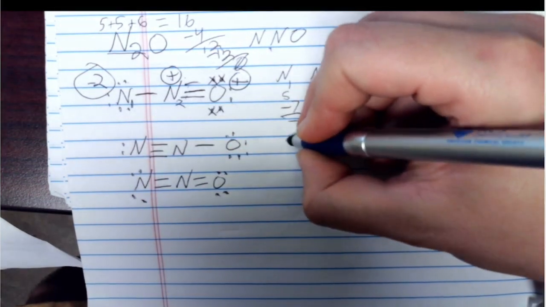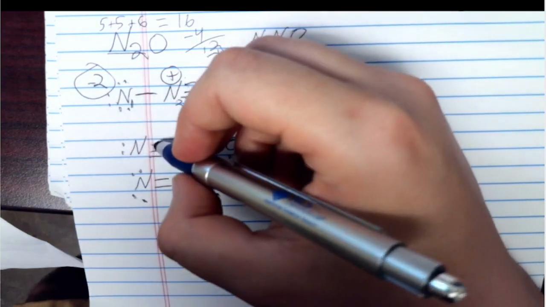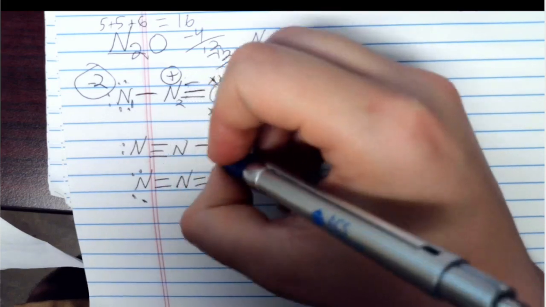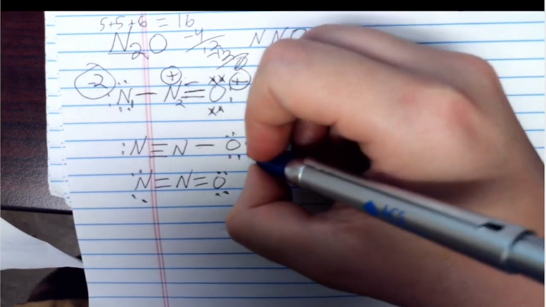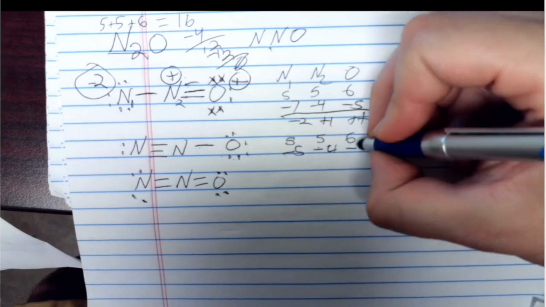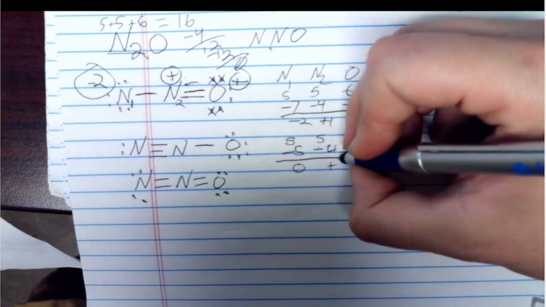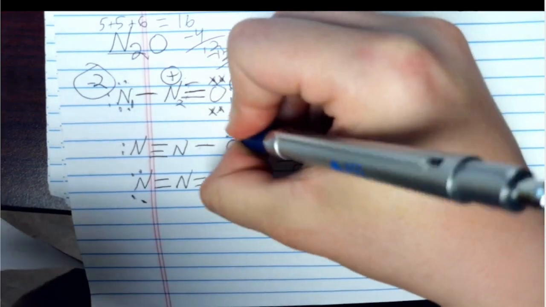Let's try this again. 5, 5, 6. 1, 2, 3, 4, 5. 1, 2, 3, 4. 1, 2, 3, 4, 5, 6, 7. 0 plus 1 minus 1. This is probably the best structure.